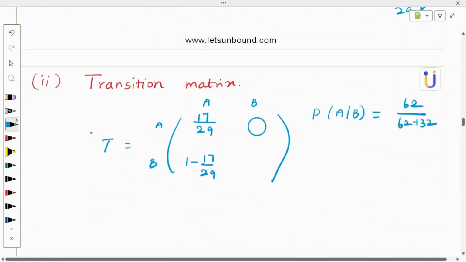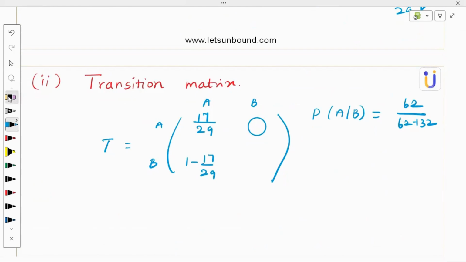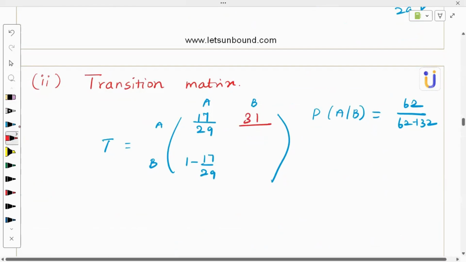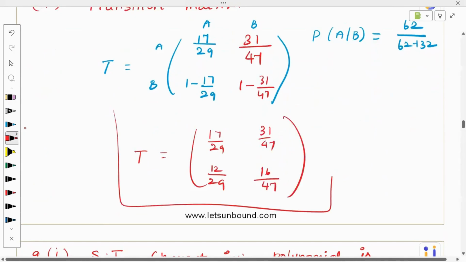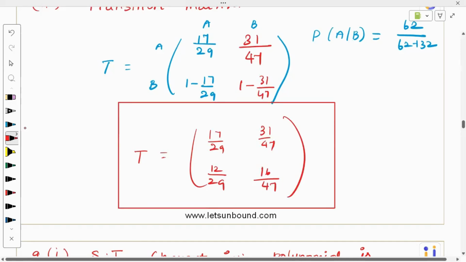So 62/62 plus 32, 62/94, and when you simplify, it's 31/47, and this will be 1 minus 31/47. Right? And let's simplify. The transition matrix is 17/29, 12/29, 31/47, 16/47. This completes the transition matrix.